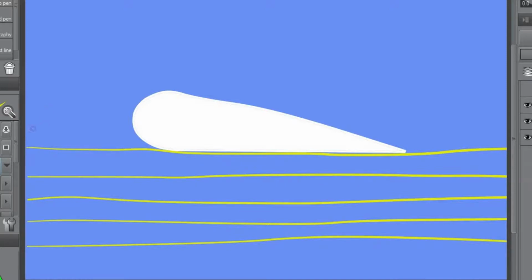But now contrast this to a slipstream that's going just a little bit higher up. As it comes in, the wing forces it to take the long route. It has to go up and around the wing. As it goes up and around the wing, it's constantly being pushed by the other molecules of air that are behind it.